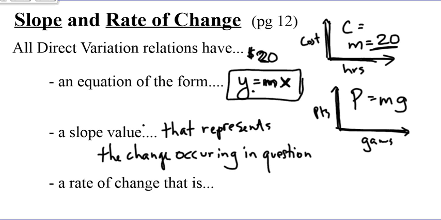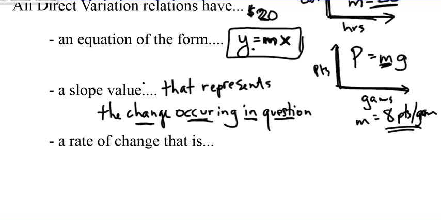So the slope value on your graph represents the change that's occurring in the question. They go together. Little Sally, slope was 8, and that was 8 points per game. So the slope value represented the change occurring in the question, 8 points per game. They tie together. So the rate of change in a direct variation is equal to the slope. And that we're going to keep building on and using.